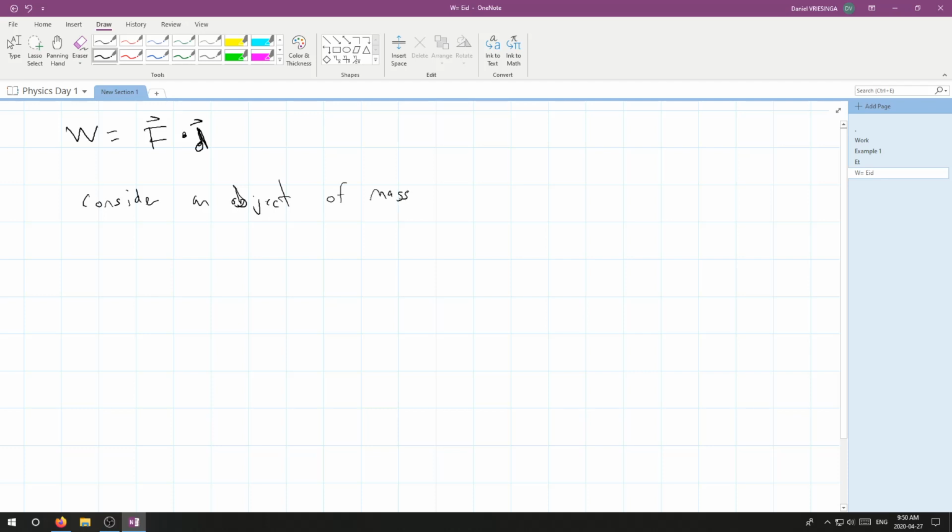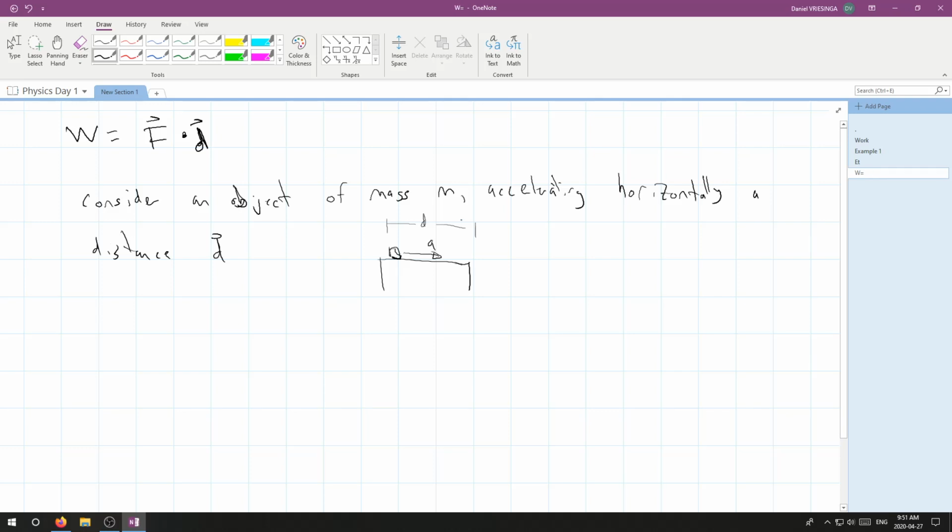I'm not going to put any numbers in there yet. Accelerating horizontally across maybe a tabletop or something, a distance d. So there's my hockey puck or whatever, and it's accelerating that way, and it's going to move a distance d, whatever the length of the table is.